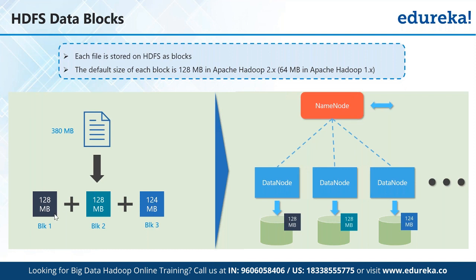So you get 128 MB, 128 MB, and the remaining is 124 MB, because the total sum is 380. So you get 3 blocks: block 1, block 2, block 3. The last block will have 124 MB of data only. On the right side, in your cluster, the first block is 128 MB, then 128 MB, and the third node has 124 MB of data. This is how data gets stored.